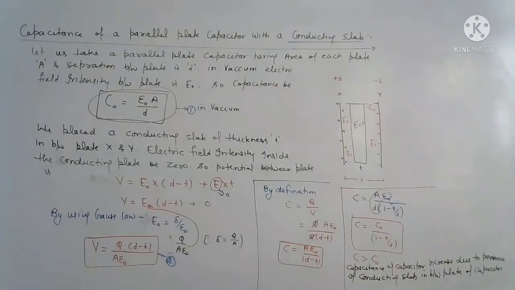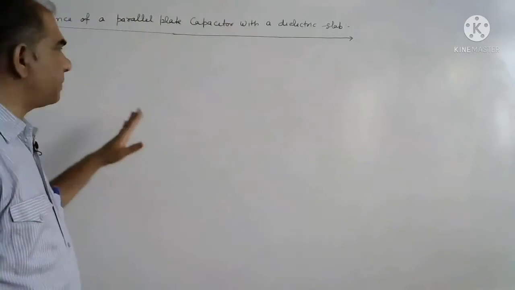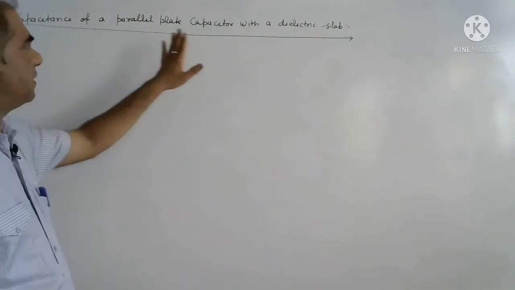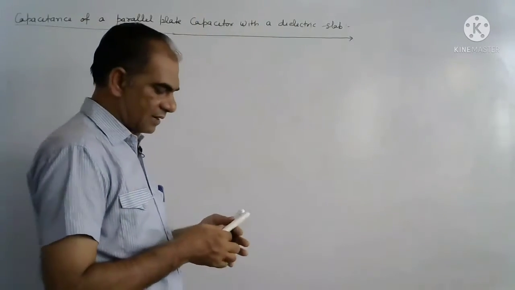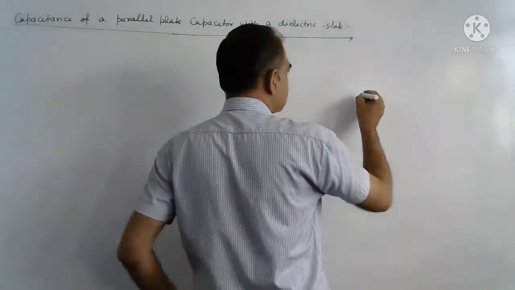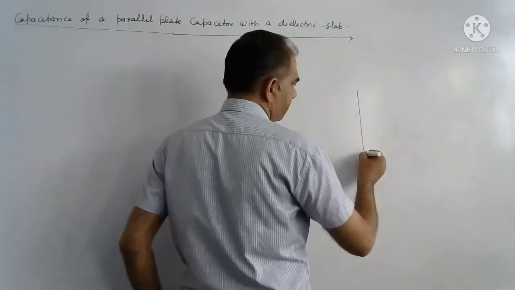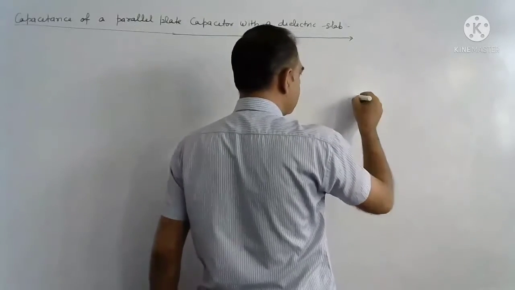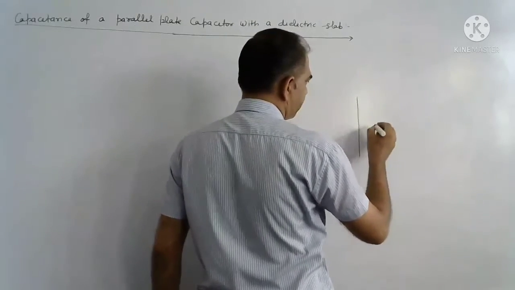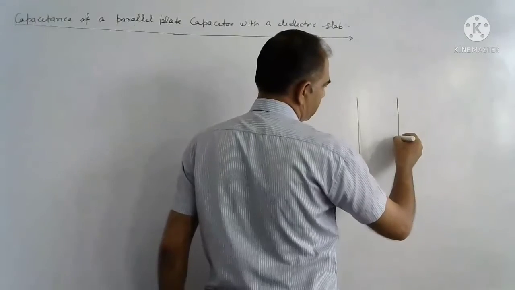Now we see what effect on the capacitance when a non-conducting slab is introduced. So the next topic is when a parallel plate capacitor is filled with a dielectric slab, what effect on its capacitance we discuss here. As this is the parallel plate capacitor, we take one plate, and this is another plate.